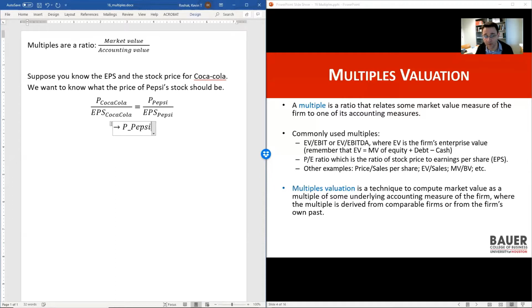It's going to be the earnings per share for Pepsi multiplied by the multiple, where the multiple is the PE ratio. That's one way you could figure out the price of Pepsi.